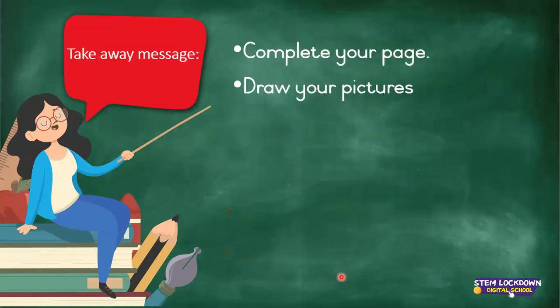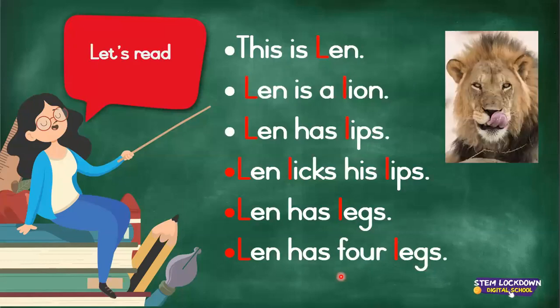So we're going to start at the top again. I'm going to read and then you can read again after me. This is Lynn. Lynn is a lion. Lynn is a lion.